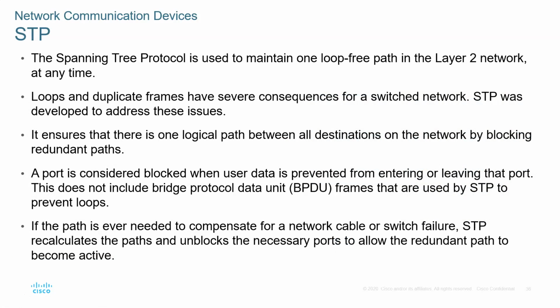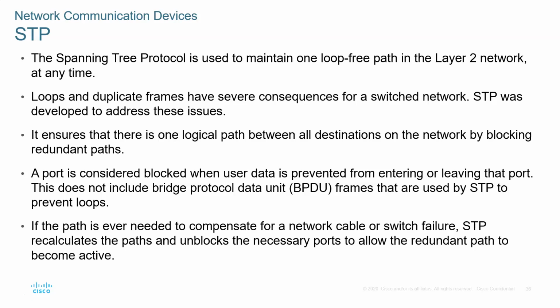The Spanning Tree Protocol is really designed to make sure that you can have redundant links between switches so that when a link breaks, you will have system fault tolerance. The other link will pick up immediately.